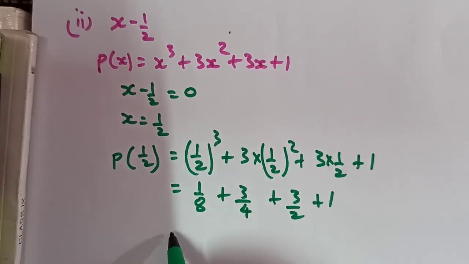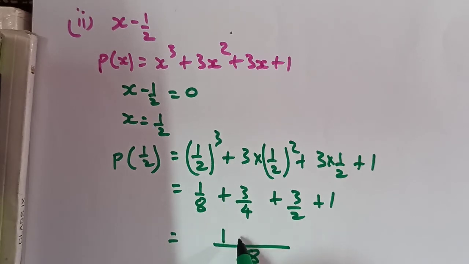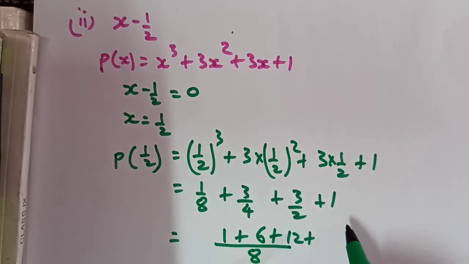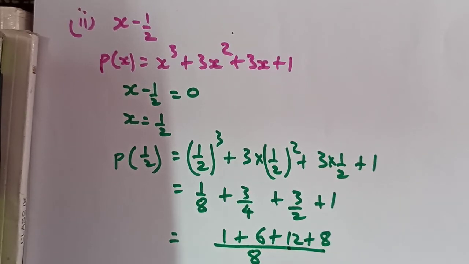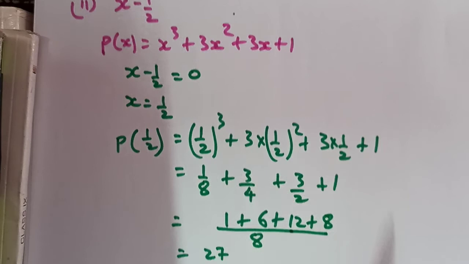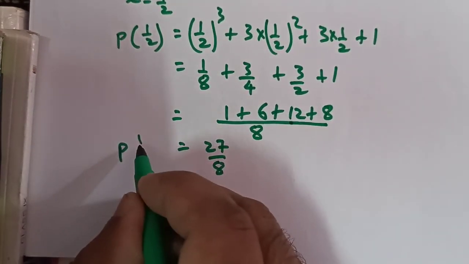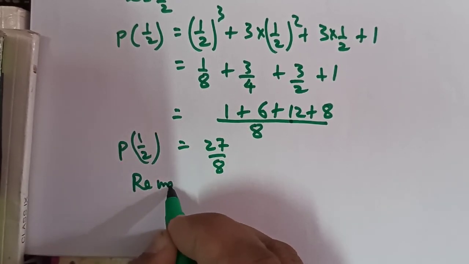So if we take the LCM, we get the LCM as 8, and then 8 ones are 8, 1 into 1 is 1, plus 4 2s are 8, 2 3s are 6, plus 2 4s are 8, 4 3s are 12, plus 8, that is coming equal to 27 upon 8. So this is the value of p(1/2), and this is the remainder of the given polynomial.